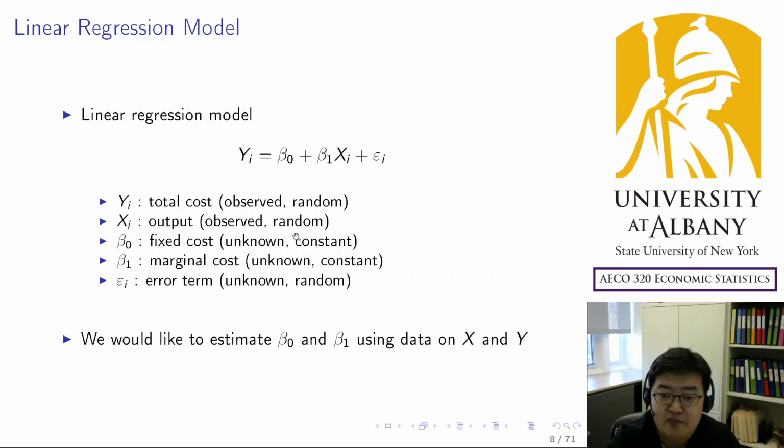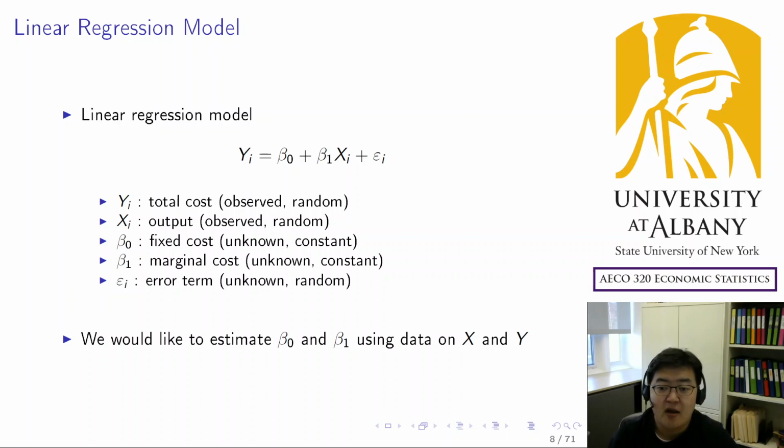So implicitly, we assume that the fixed cost and the marginal cost do not change. If you think they change, then you need more complicated statistical methods to handle the evolution of the costs. But for now, I'm going to assume that the fixed cost and the marginal cost are constant and do not change over time, so that we can estimate them, and so that those can play the role of parameters in our estimation.